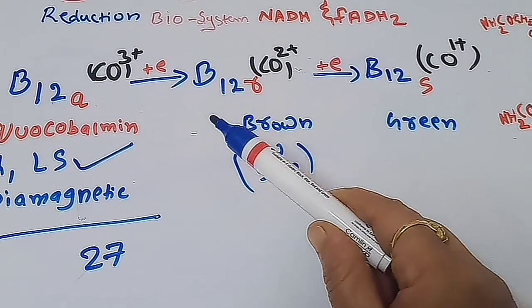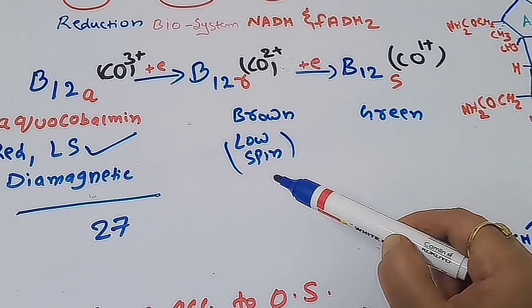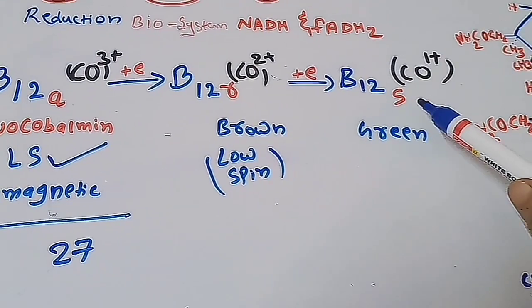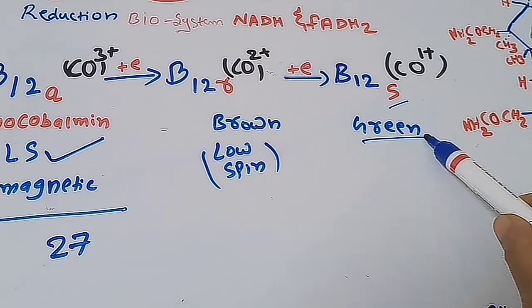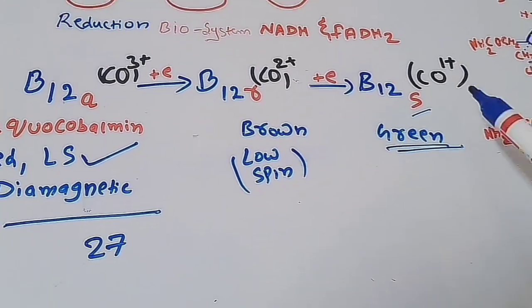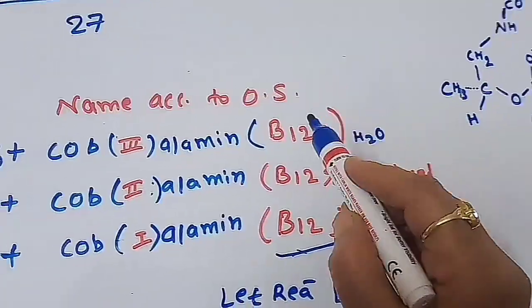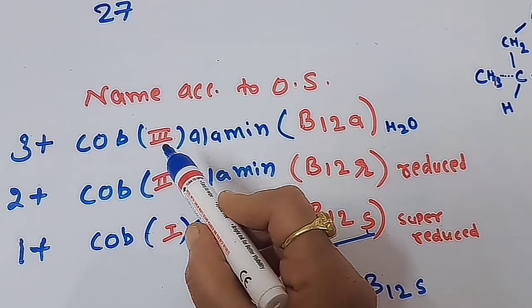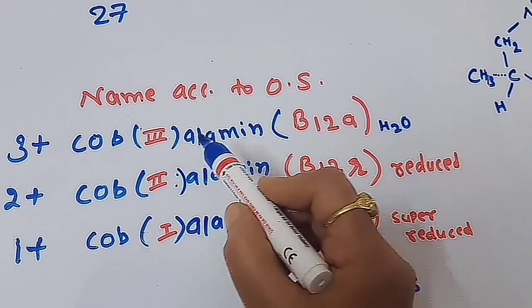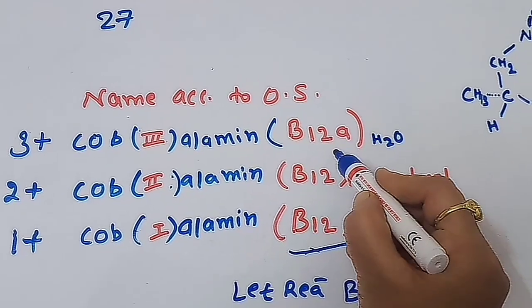Now we can talk about our reduced state. It is brown in color and it is also low spin. Then for the super reduced condition, it is observed to be green in color. Now different names are given to the cobalamins according to the different oxidation states. If it is in the 3+ oxidation state, it is written in brackets as cobalamin B12A, H2O; A is for the H2O ligand we are using here.